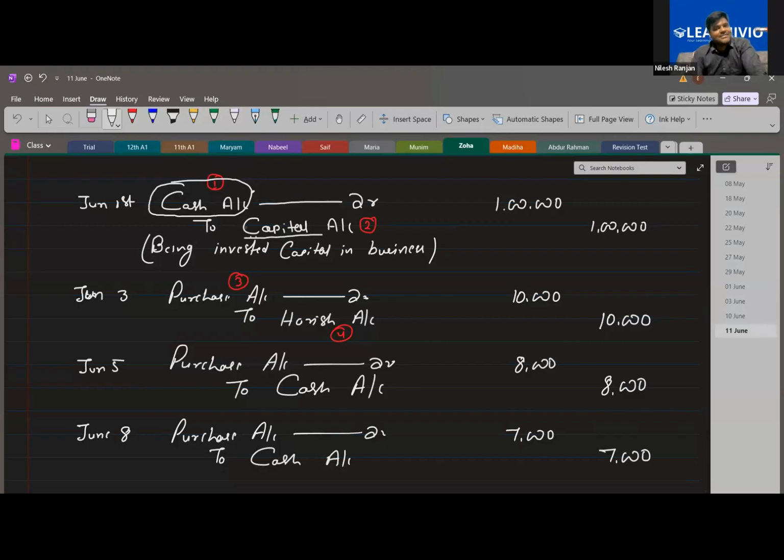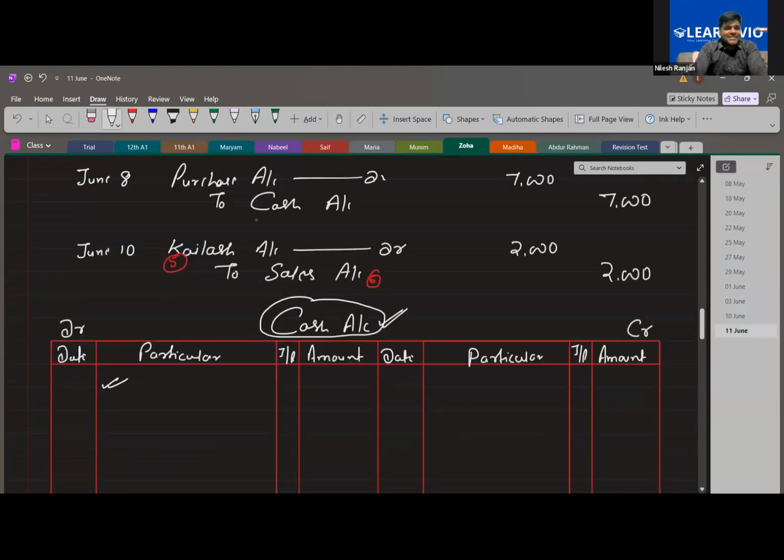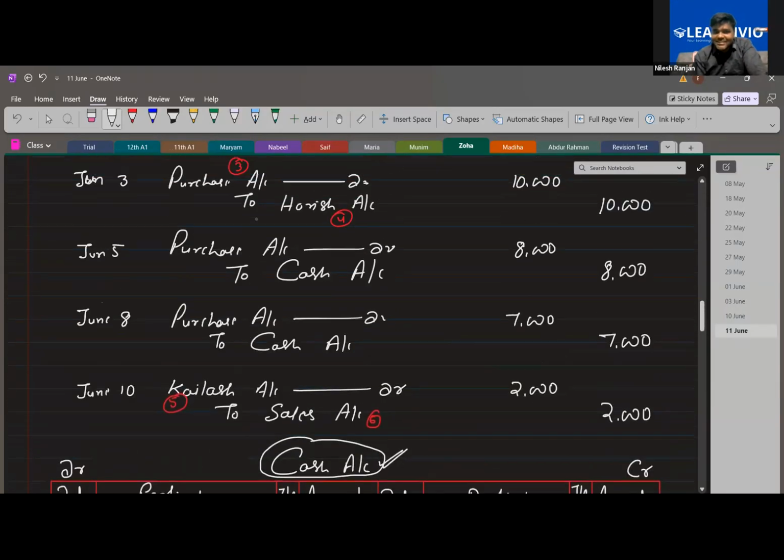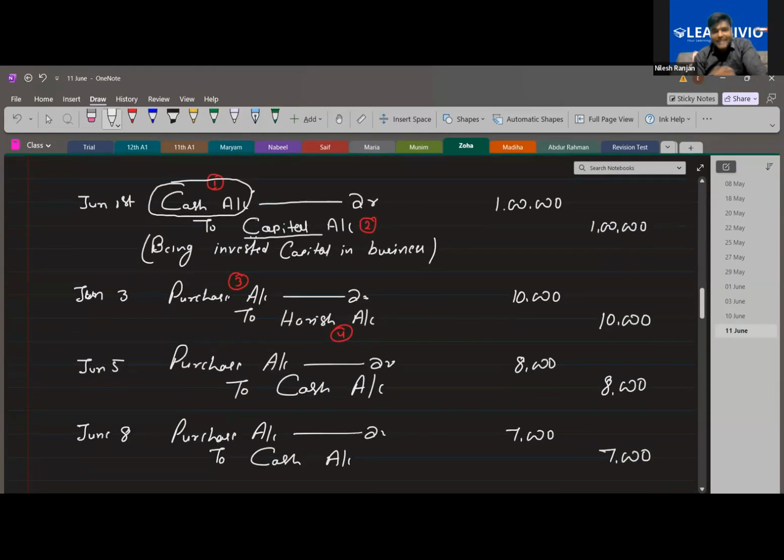Why are we writing that? I know it's an opposite name, but is cash seriously the opposite of capital? No, no. Actually, it is not an opposite word.